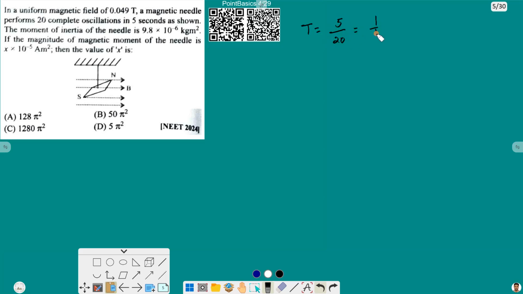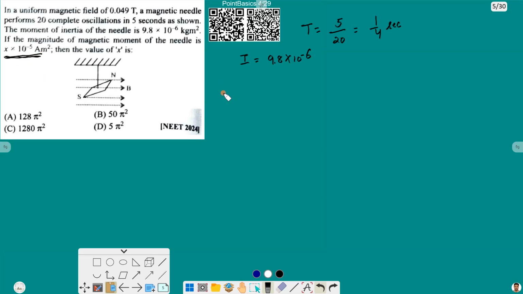So it will be 1 by 4 second. It is the time period. Value of I is mentioned 9.8 into 10 raised to power minus 6. So we have to find the magnitude of the magnetic moment of the needle in this form.